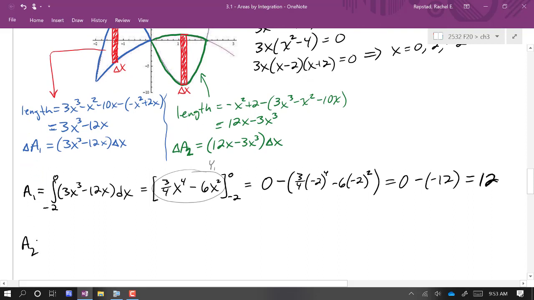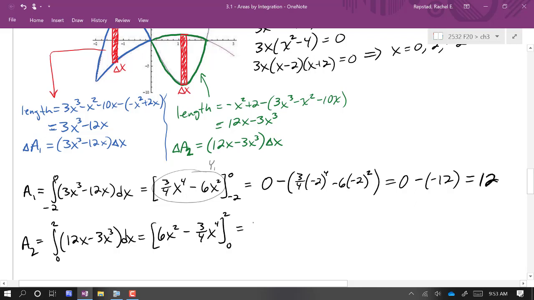A2, well, this is the integral from 0 to 2, 12x minus 3x cubed. It's really the same expression, so when we integrate using the power rule, we get 6x squared minus 3/4 x to the fourth from 0 to 2.